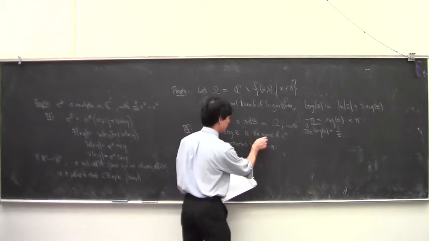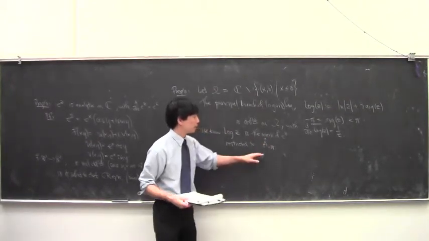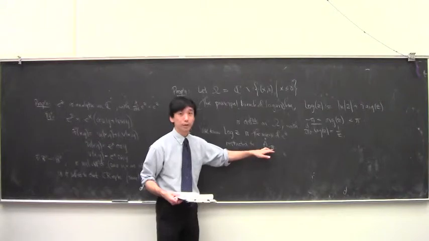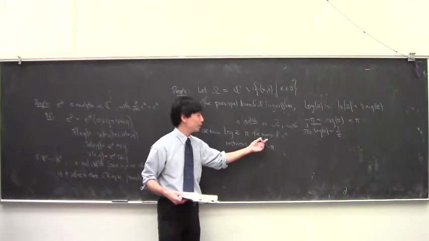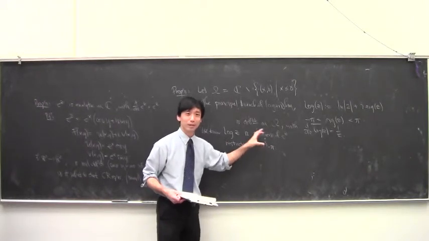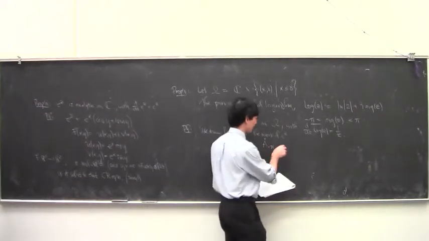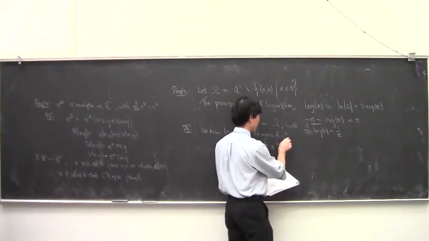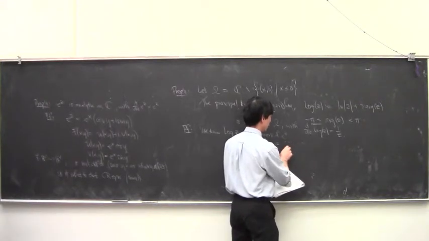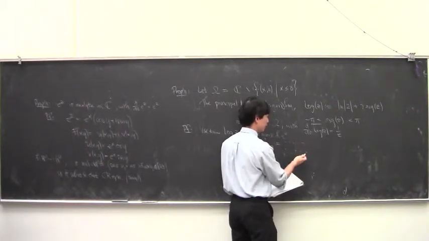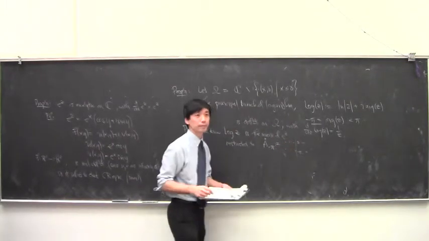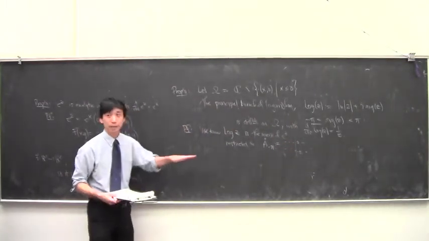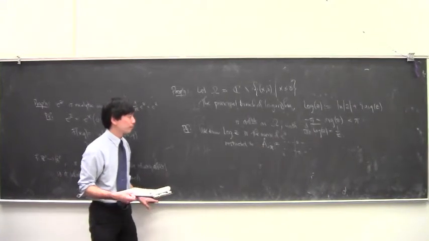Actually, let me put a circle on top to mean that I'm taking the interior of it. The strip was half closed and half open; when I put the circle on top, I mean the open one, where the imaginary part is between negative pi and pi, so not including the lower boundary as before.